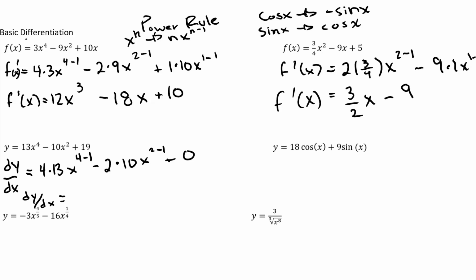So we've got 4 times 13, which is 52, x to the third, negative 2 times 10, negative 20, x to the first, and 0, so we don't have to write that one.